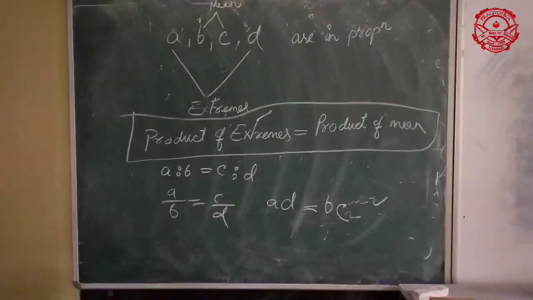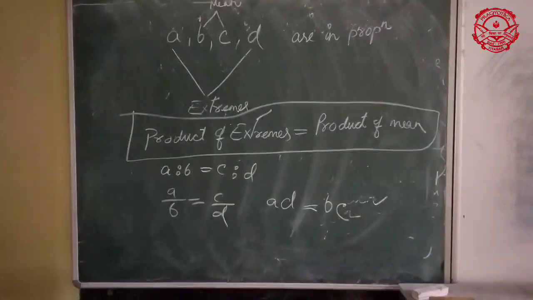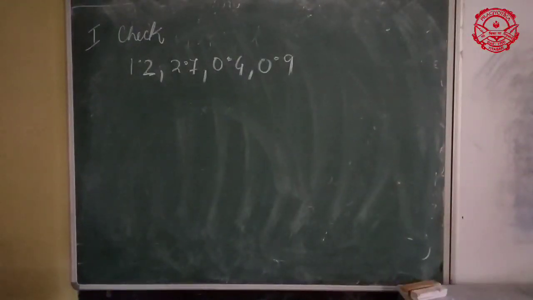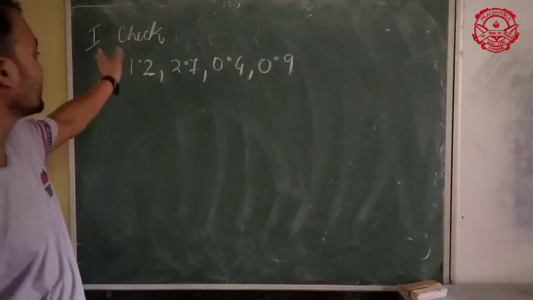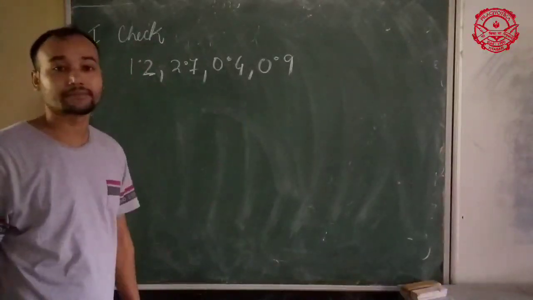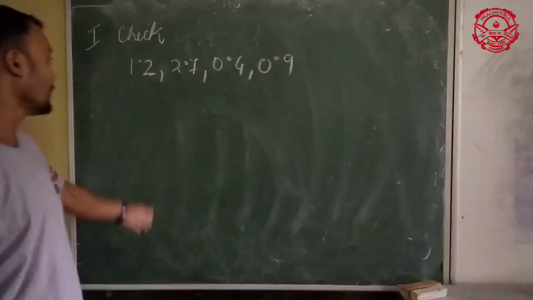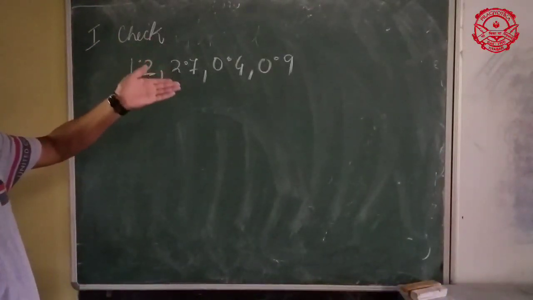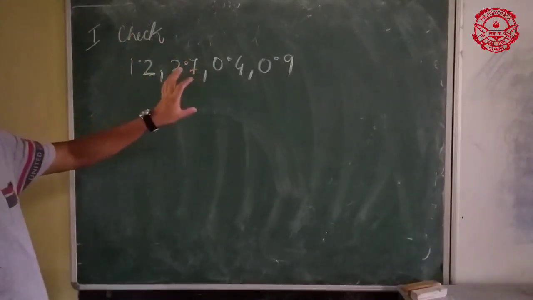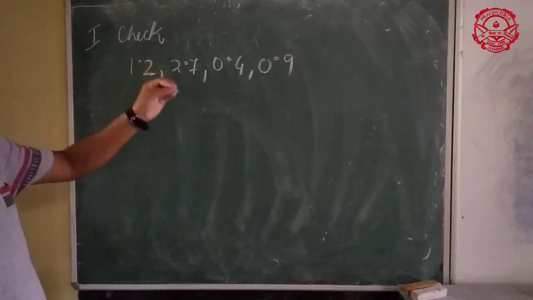Now, I will move on to the example parts. In this particular question, we are given four numbers 1.2, 2.7, 0.4 and 0.9. We are asked to check whether these four numbers are in proportion or not. How are we going to do this? In 1 minute we can do this by using the formula: the product of extremes is equal to the product of the means.